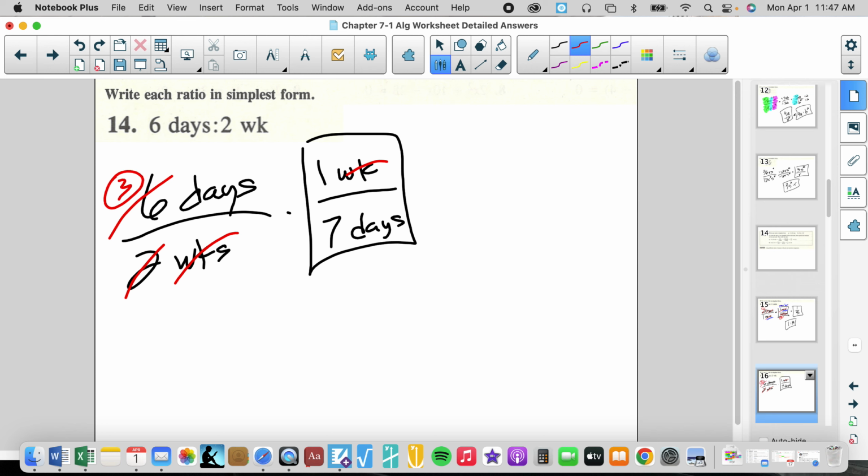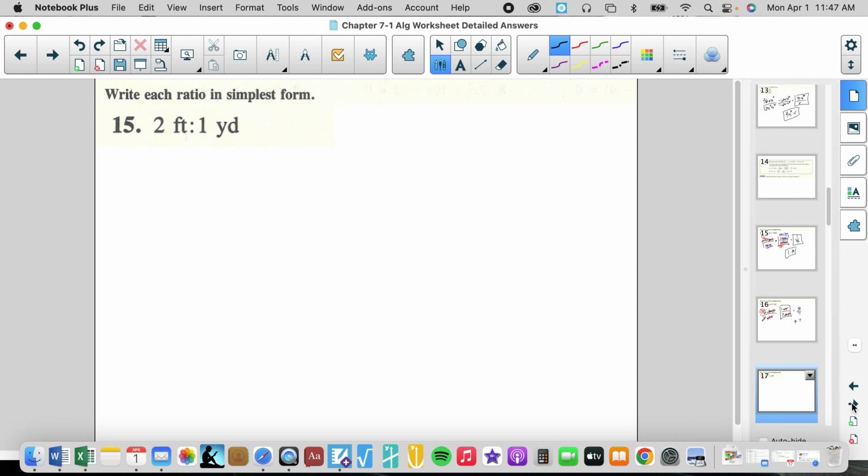Let's see if that works. Days. Does that equate to 3 over 7 or 3 to 7? Let's see how unsure I am of myself. 3 to 7. He is good to go.